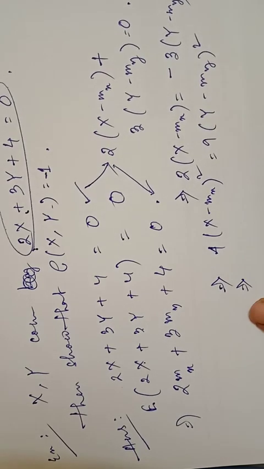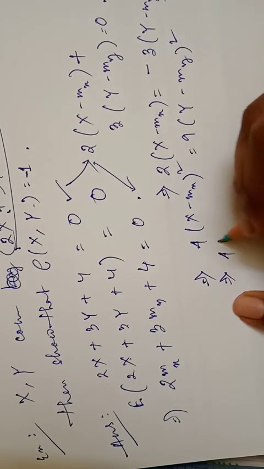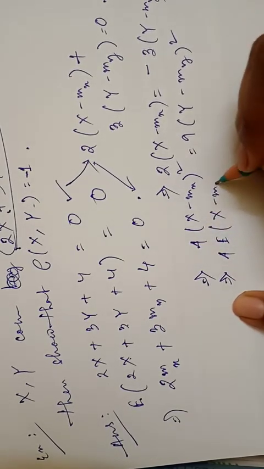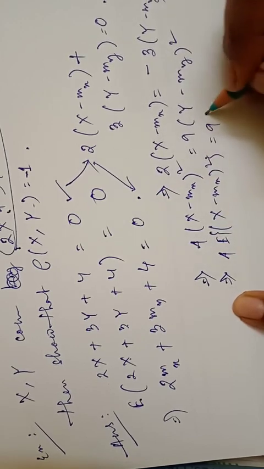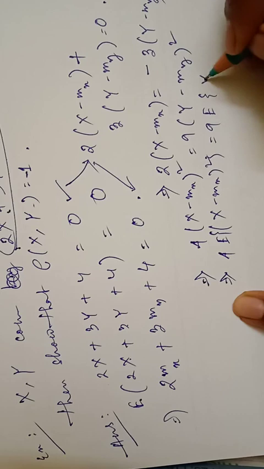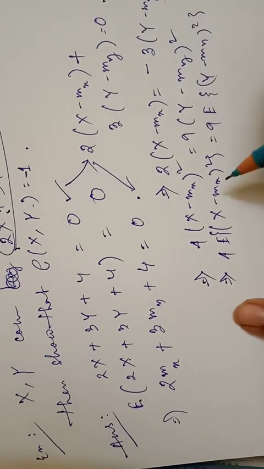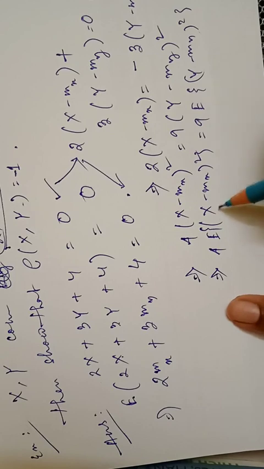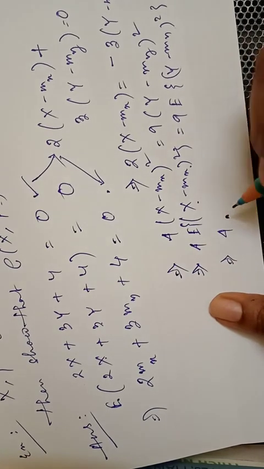Now take expectation on both sides. We can put the constant outside. So 4 expectation of x minus mx its whole square equals to 9 expectation of y minus my its whole square. Now check what is expectation of x minus mx its whole square. This is our variance. So we can write 4 into variance of x.